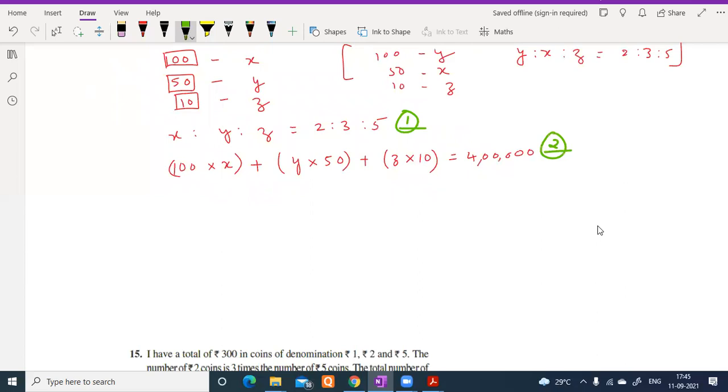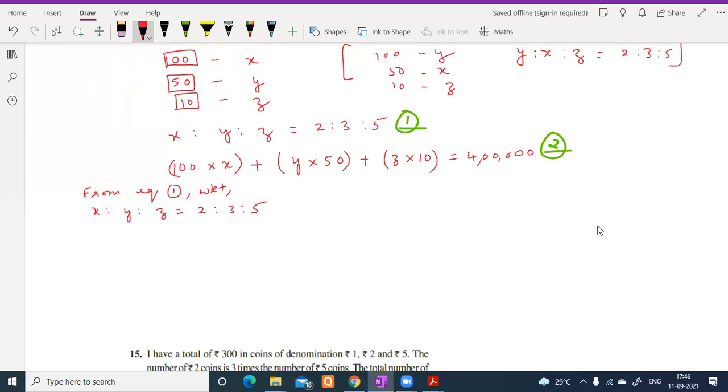Okay, so now from equation 1, we know that x is to y is to z equals 2:3:5. Okay, this is a 3 variable ratio.